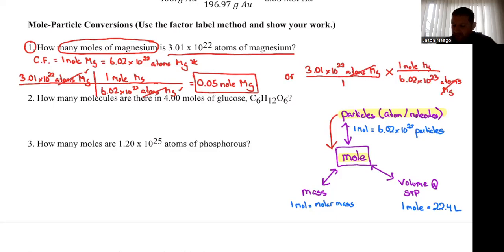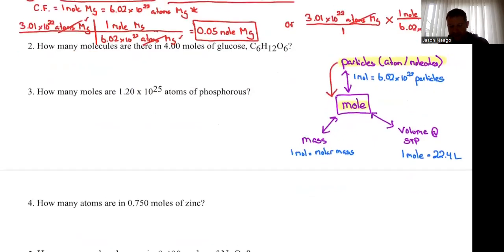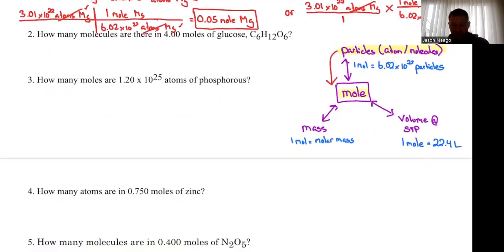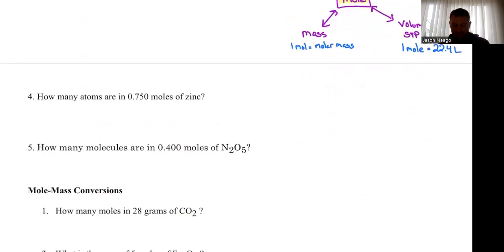So I'm going to multiply any numbers in the numerator, divide by any numbers in the denominator. So I get 3.01 times 10 to the 22nd divided by 6.02 times 10 to the 23rd. And the unit that I have that's not canceled is moles. So my answer would be moles. So it comes out to the same result. So that's moles to particle conversions. Given the other videos, you should be able to answer questions 2, 3, 4, and 5.